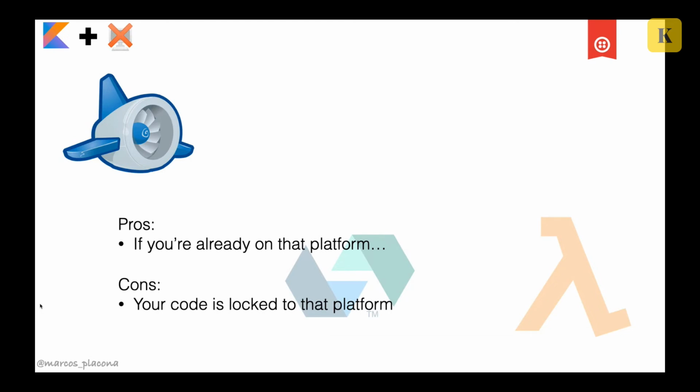And your code is also locked to that platform because this thing riddles your code with a bunch of different dependencies. Your code is written specifically for this. So if you were using Google Cloud Platform, specifically App Engine, and suddenly you decided to move to Lambda, for example, you would have a hard time because you would need to go and change your code. And that doesn't sit well with me.